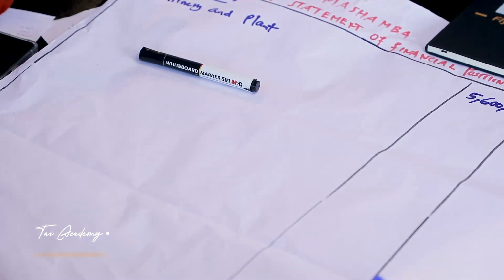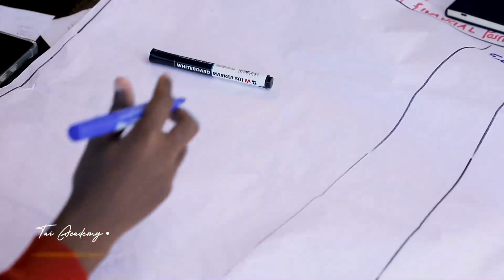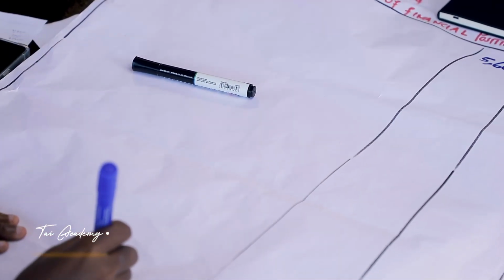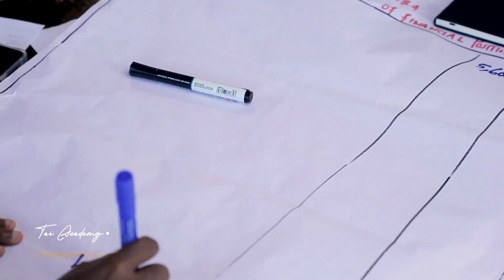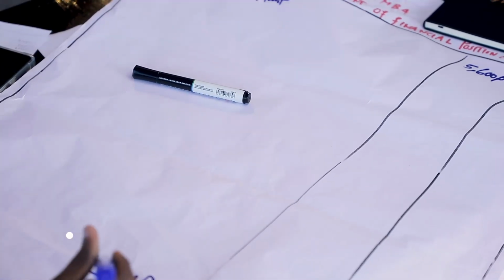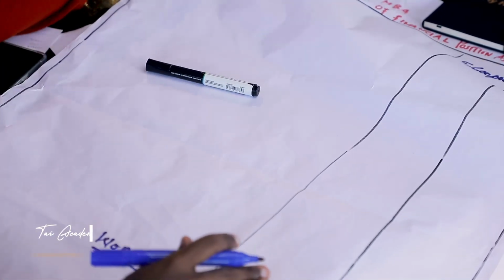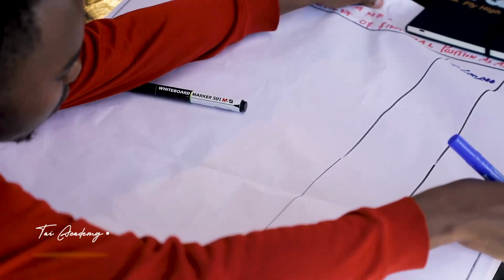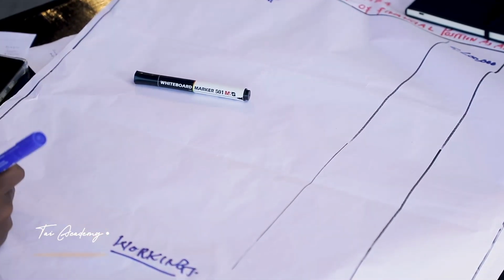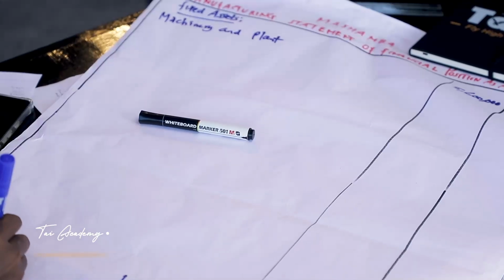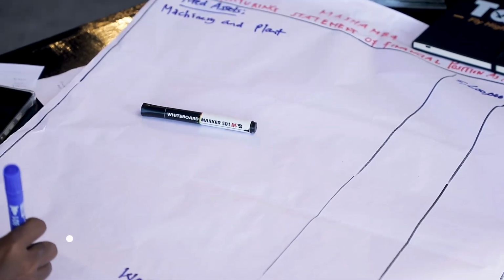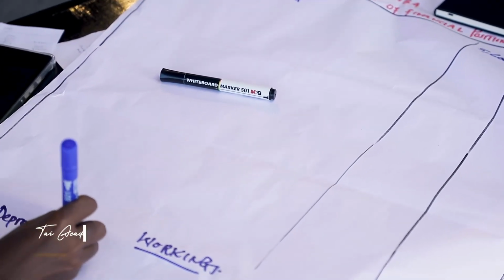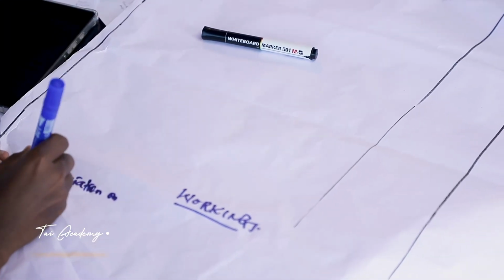So we'll have some workings, which you will do down at the very bottom. Working 1 will be finding the depreciation on machinery and the plant.